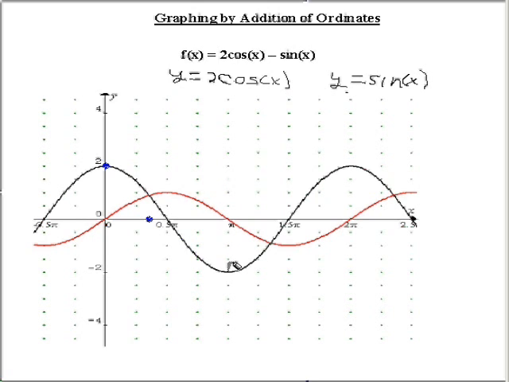So again, we're down here at negative 2. Right here, the y values on each graph are the same. So again, we have another 0.